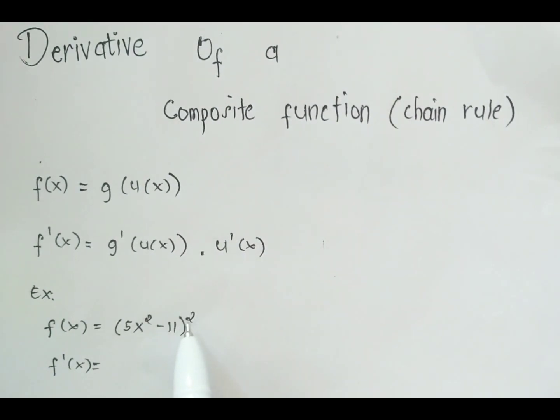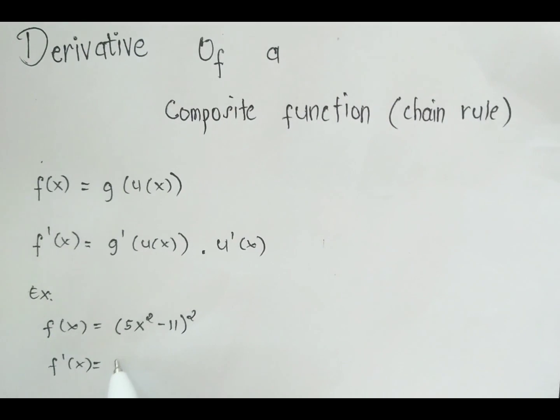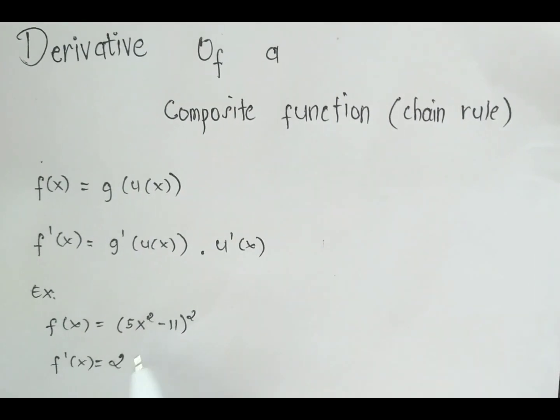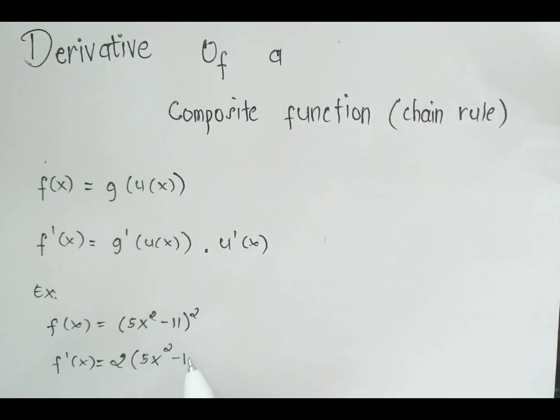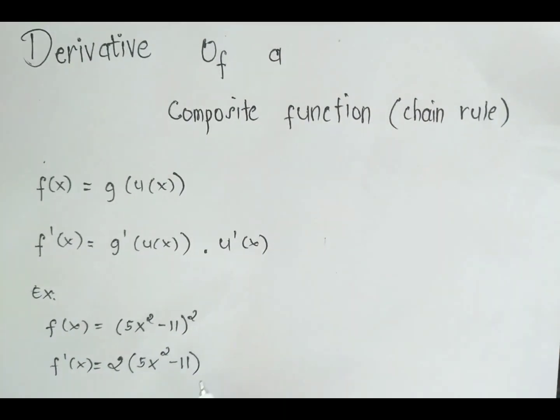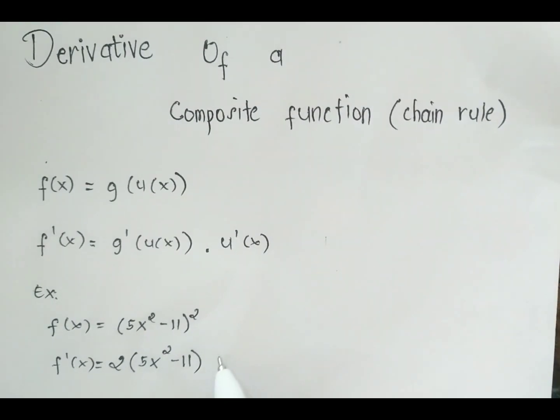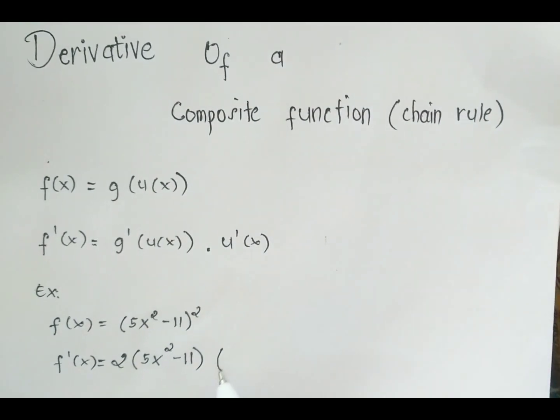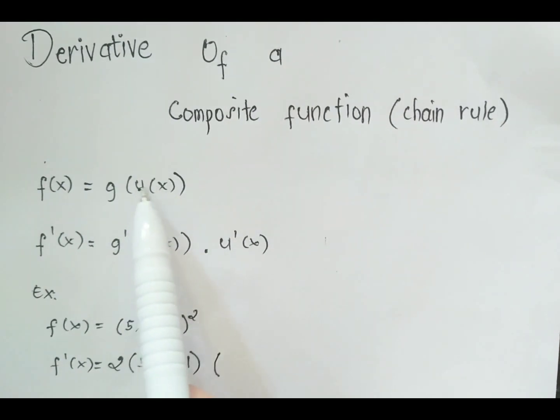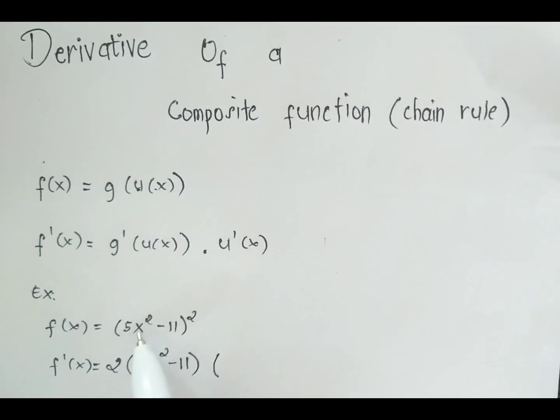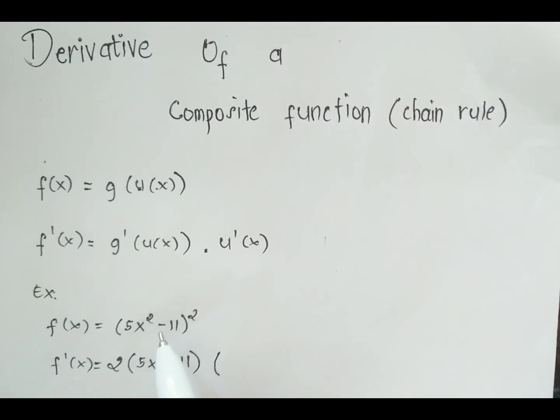So we simply write the exponent here, then we write the inside parenthesis, which is 5x squared minus 11, times the inside derivative, which is the derivative of u of x, that is 5x squared minus 11.